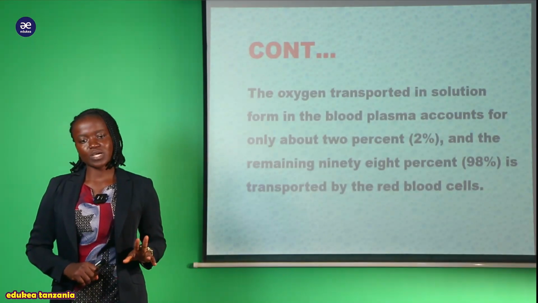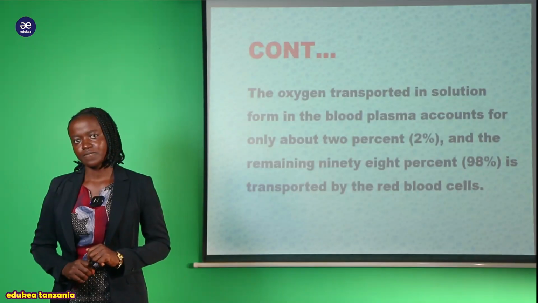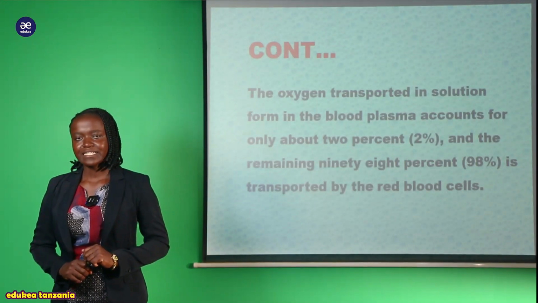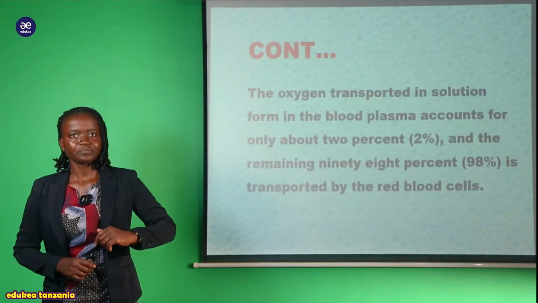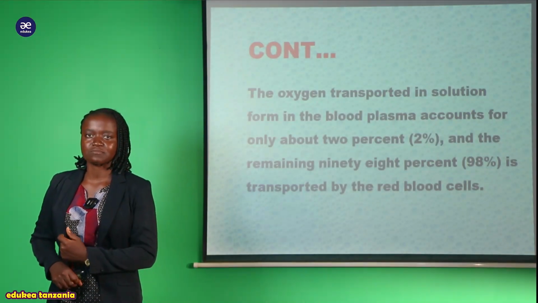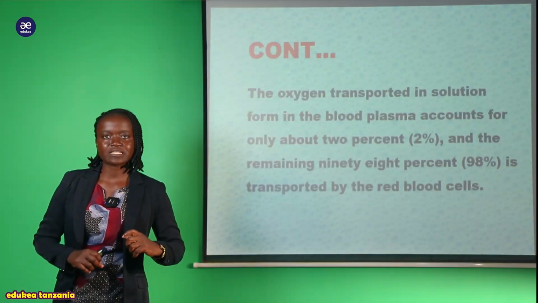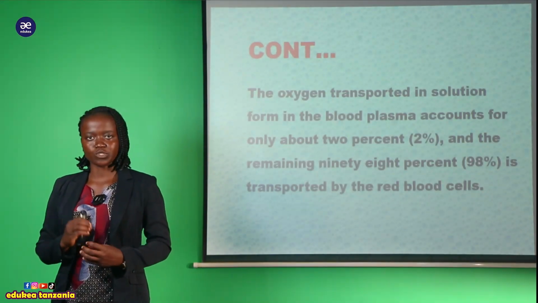So we have seen that two ways are used in transporting oxygen. Of those two ways, about 2% of oxygen is transported in the blood plasma. Oxygen is carried by blood plasma for only 2%.